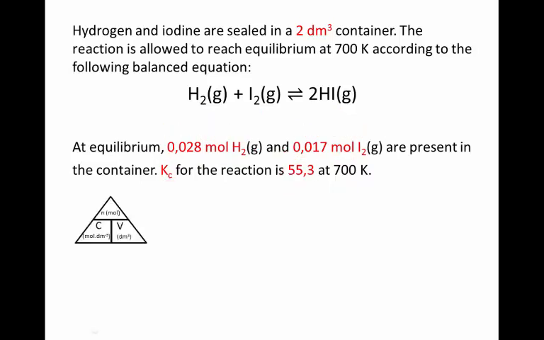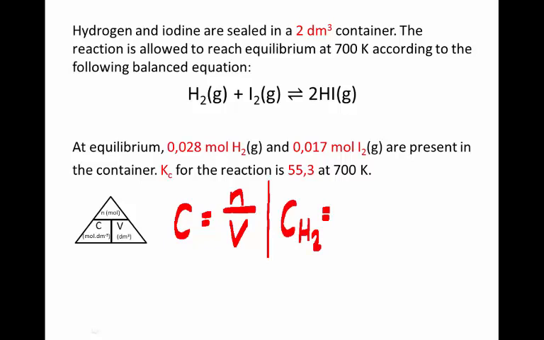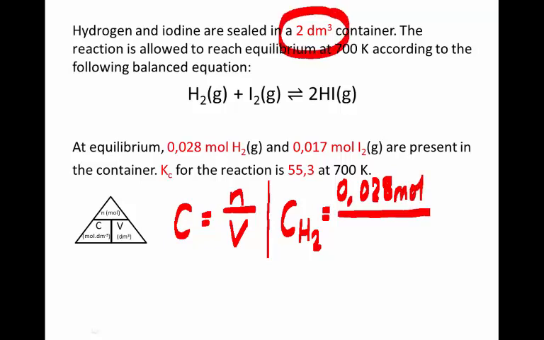And we know that concentration is equal to number of moles divided by volume. So let's quickly calculate the concentration of hydrogen and of iodine at equilibrium. We are told that we have 0,028 moles of hydrogen at equilibrium, and the volume of the container is 2 decimeter cubed.